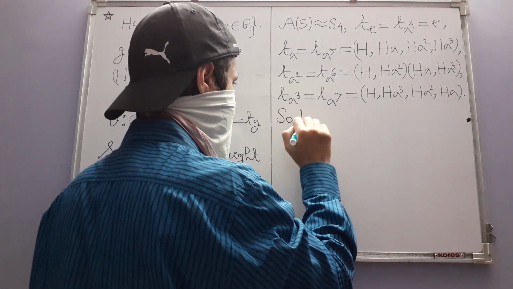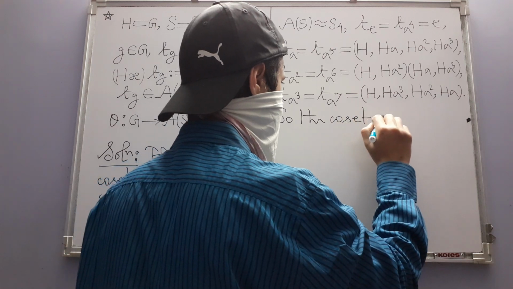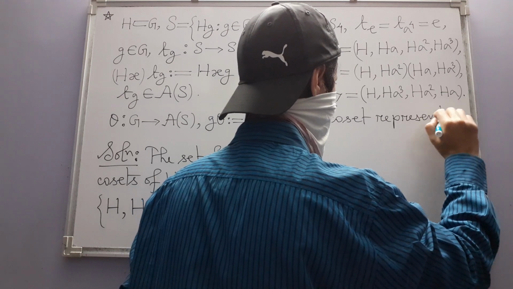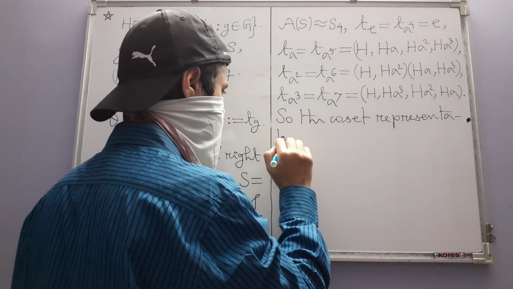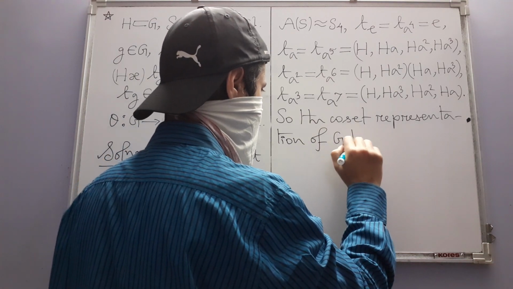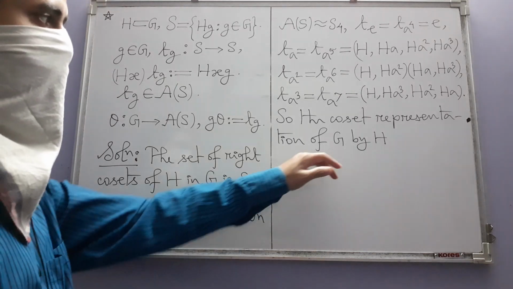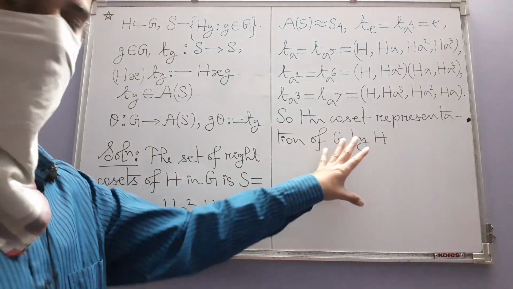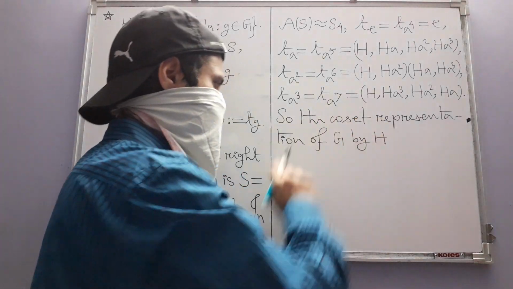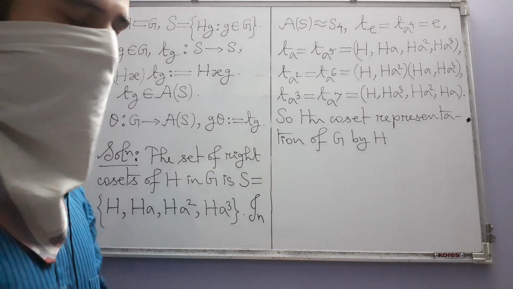So the coset representation of G by H. By H, I mean this phrase takes into account H also. It tells us what the underlying subgroup is.